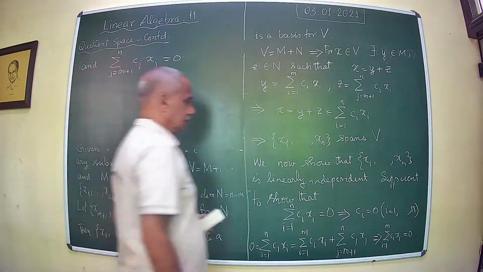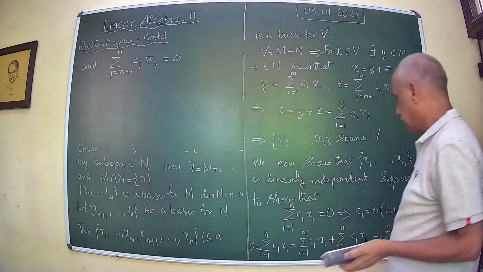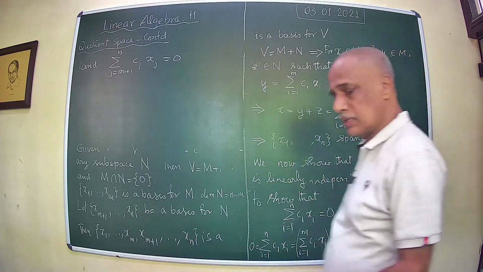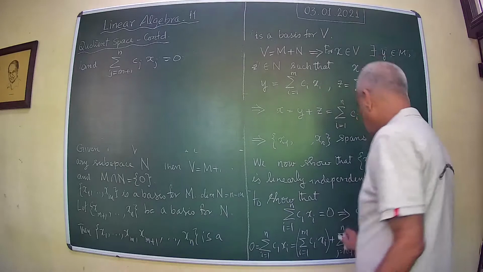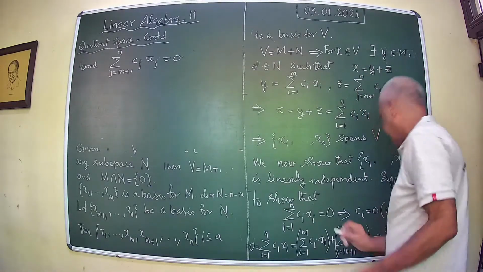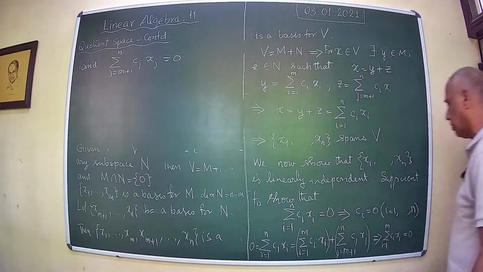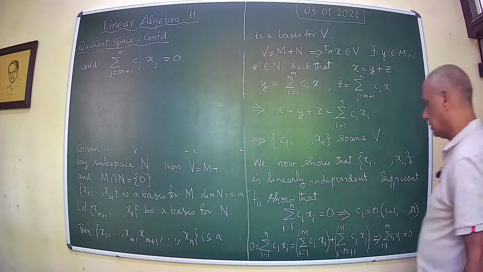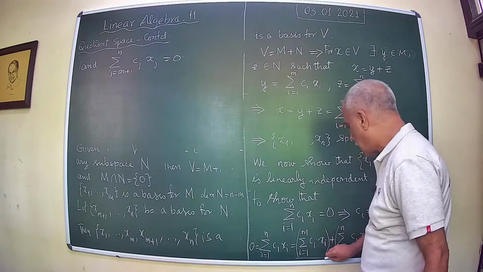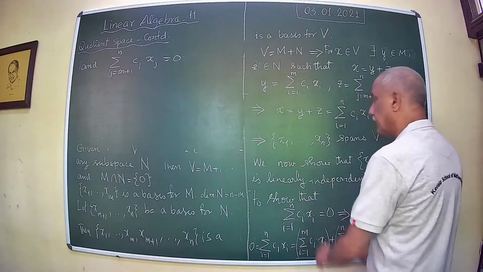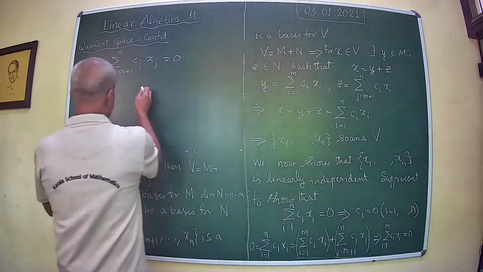Why? Because you see that this is certainly a vector in M. This is a vector in N. Okay? Since the sum is equal to 0, you see that these vectors are separately in both M and N.